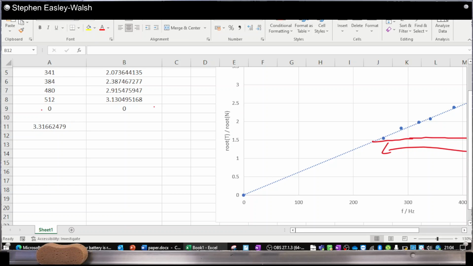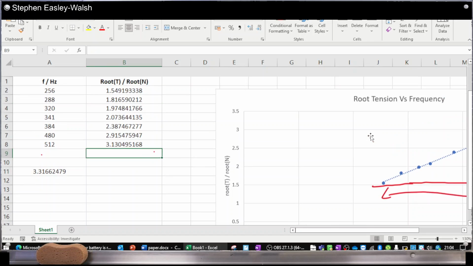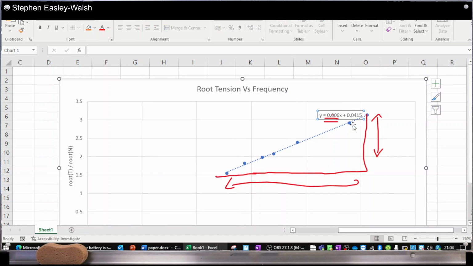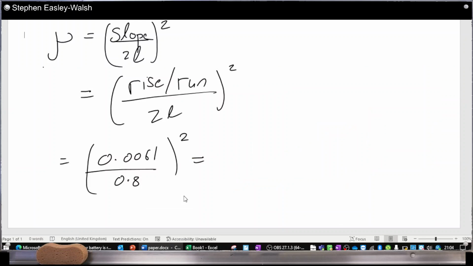Oh, how do I go back, I want to get out of pen mode. Okay, there we go. Right, is that going to affect it much? 0.006. Yeah, okay, that's just a tiny bit different. Let's just get rid of that one there. Okay, 0.006 divided by 0.8 squared.